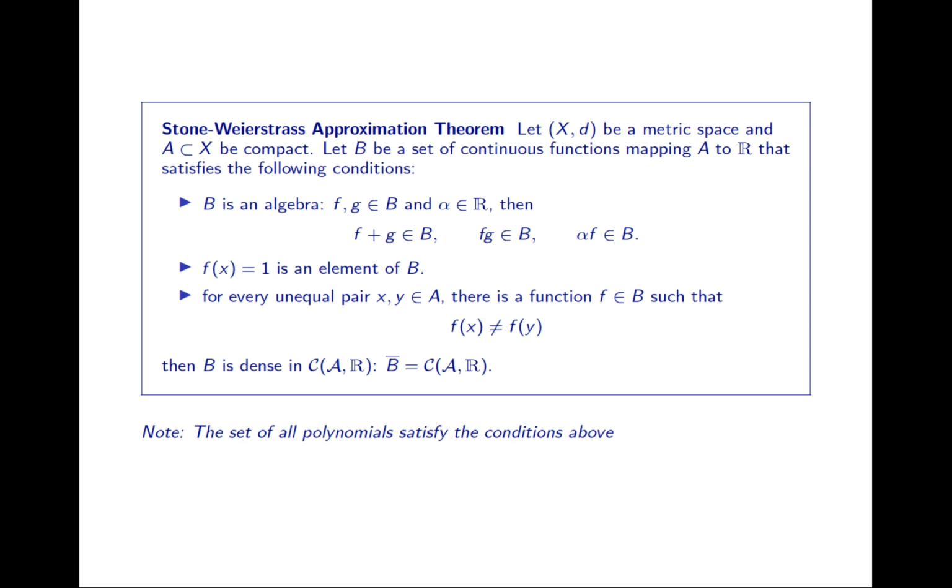What do we mean when we say that B is dense? It means that there's an element of B arbitrarily close to every element in C, A, R. In other words, the set of all continuous functions.